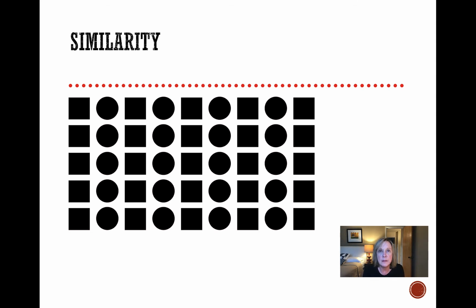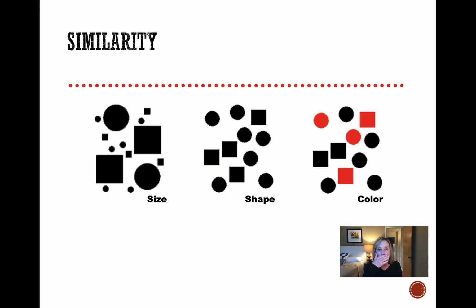This is the principle of similarity. What does this mean in design? Well, in design, it just means that if you place type together that looks similar, it's going to form a unit. If you use photos of the same shape and place them together, they're going to form a unit. You can create similarity 3 ways: with size, shape, and color.